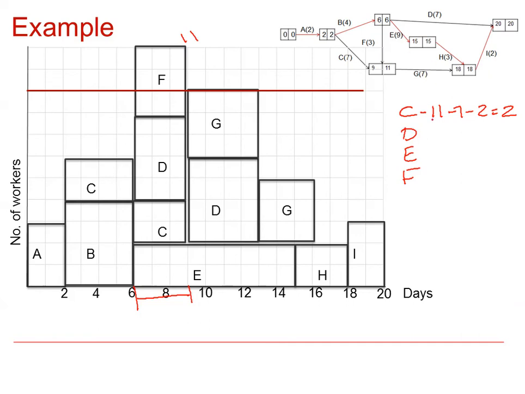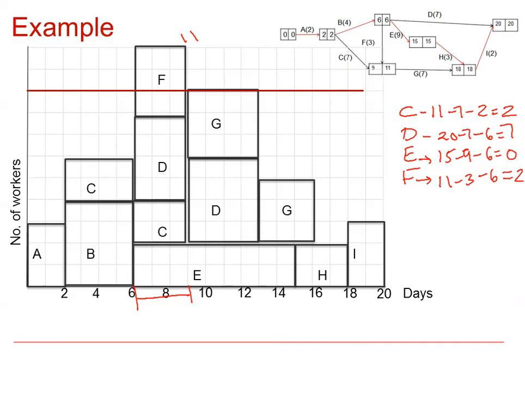For D, we have 20, take 7, take 6, which is 7. For E, we have 15, take 9, take 6, which is 0. And for F, we have 11, take 3, take 6, which is 2.